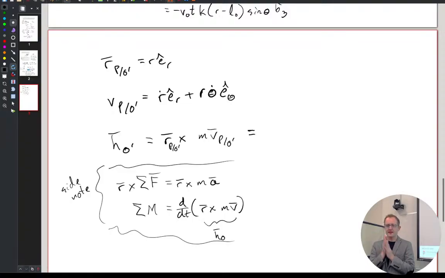All right, so what do we think? What is the angular momentum of our little mass moving around in this ellipse on the table?